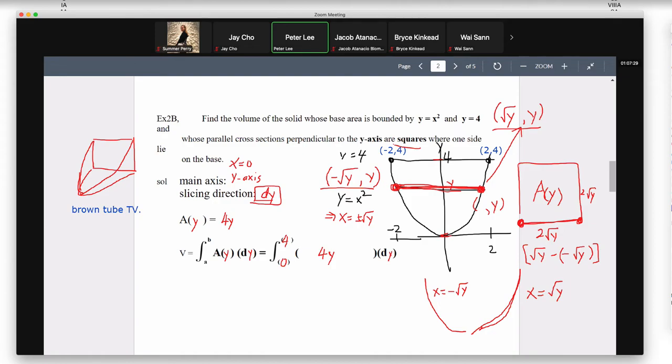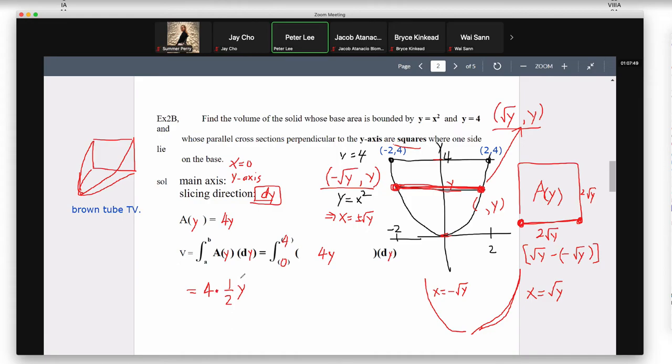So this time the integral is much easier. If you calculate this, what do you get? Let me just write down the 4 here. And when you integrate y, we get half y squared. So let me write half y squared.